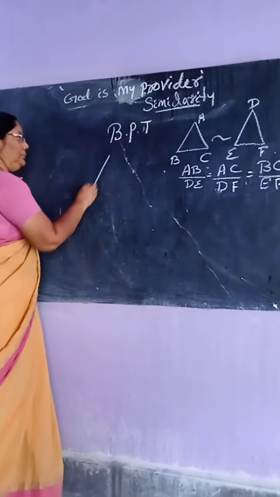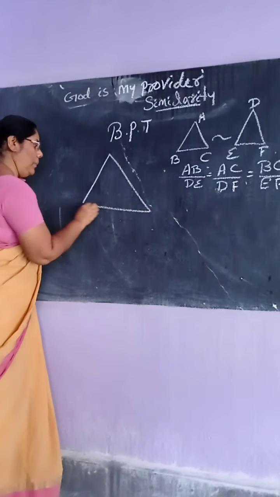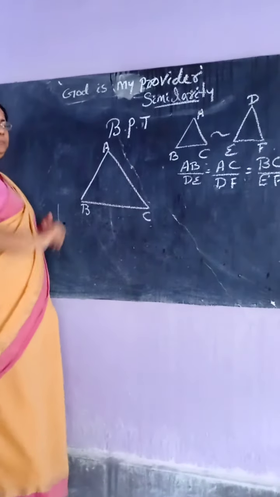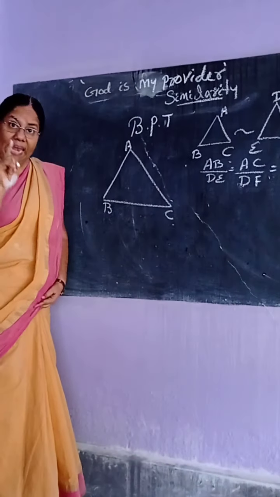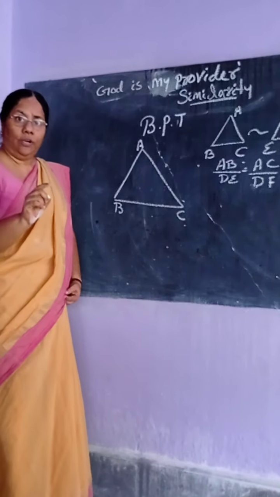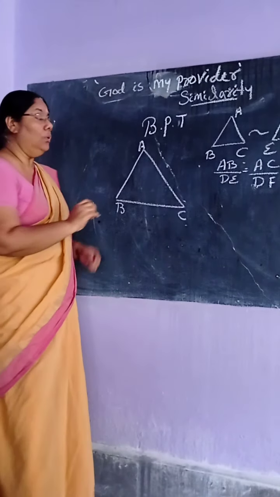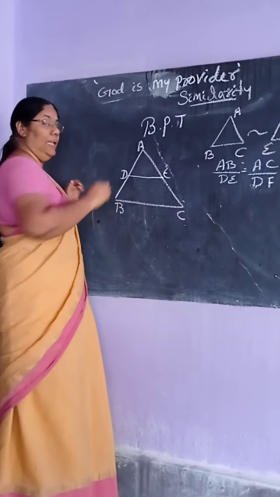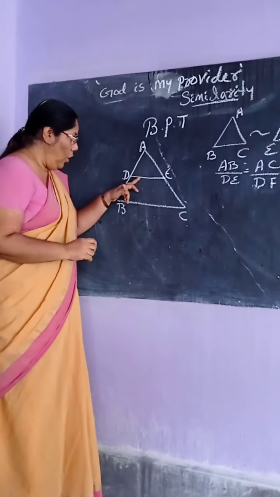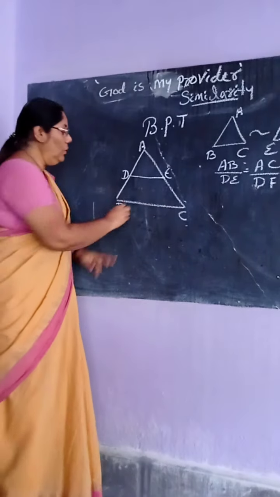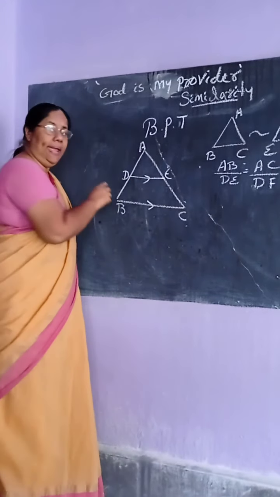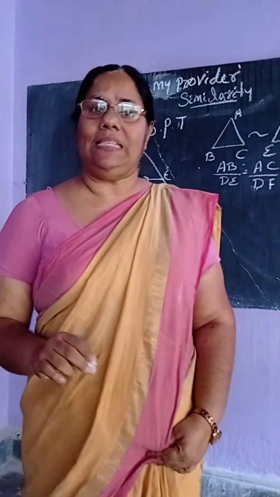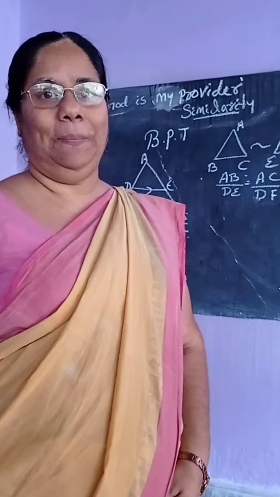Look here. ABC be a triangle. A line drawn parallel to one side of a triangle divides the other two sides proportionally.